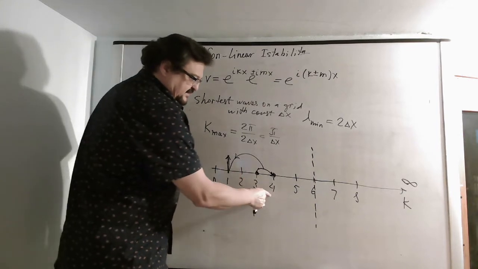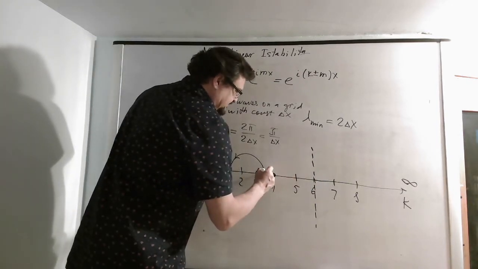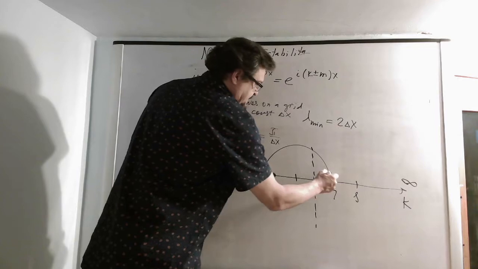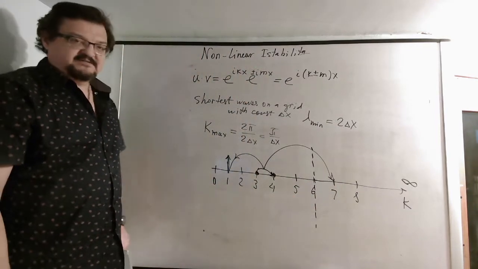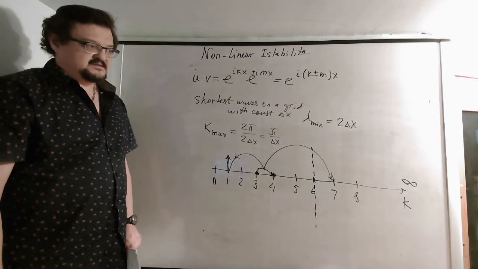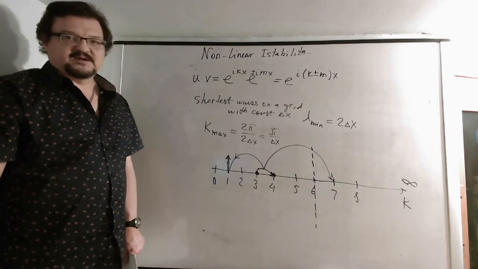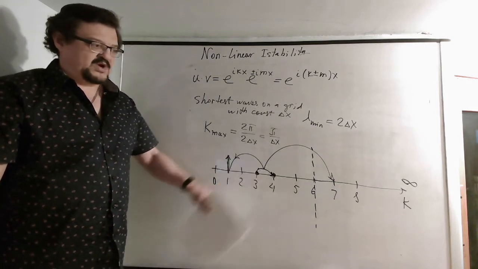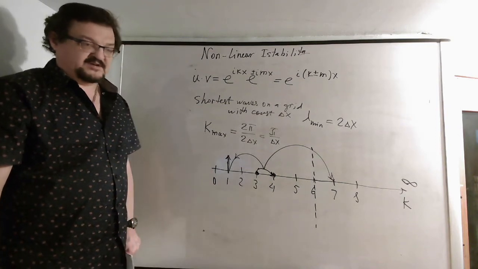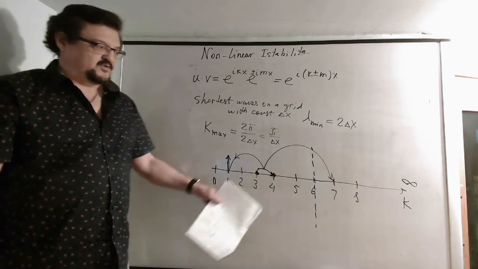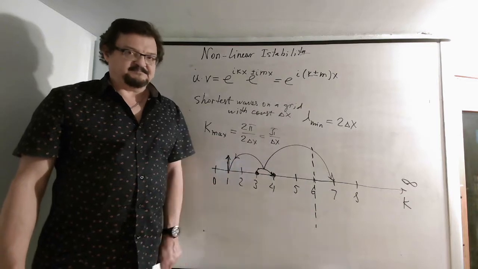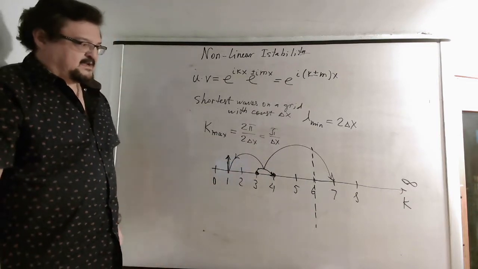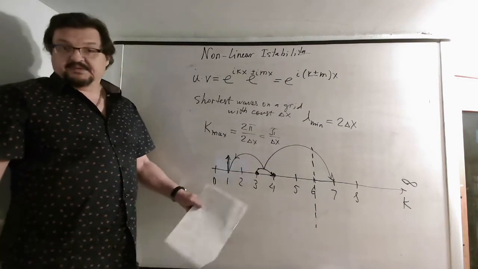But if they are added, they create shorter waves. In this case, 3 plus 4 should create a wave with wave number 7, but there is no wave number 7. The largest wave number we can get on this grid is 6. So do they just disappear?